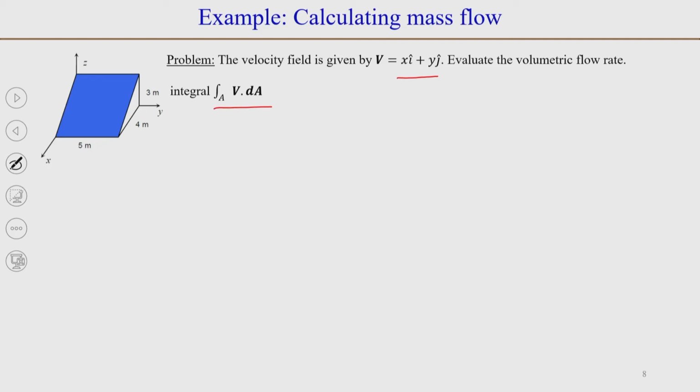Now, we already have vector v in this case, what we need to find first is the area vector dA. So, to find volumetric flow rate, we need to calculate dA.